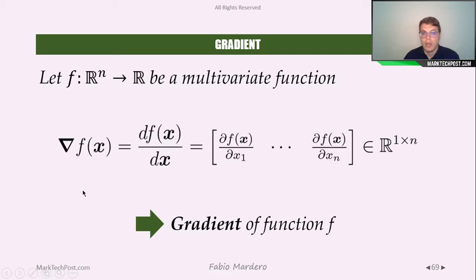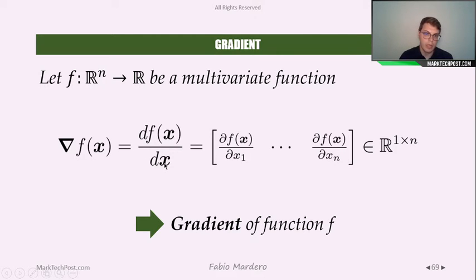Now we can collect the partial derivatives with respect to all n directions and wrap up each of these terms in a vector. This is the gradient of the function.